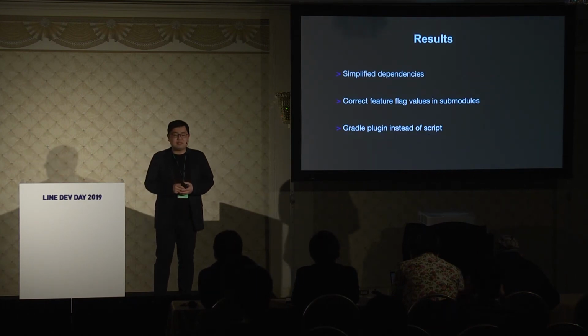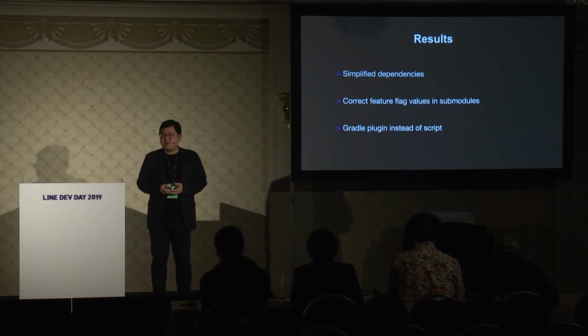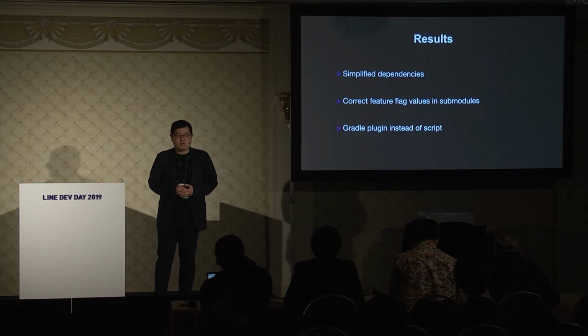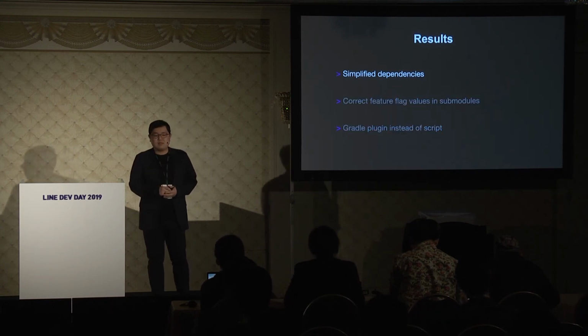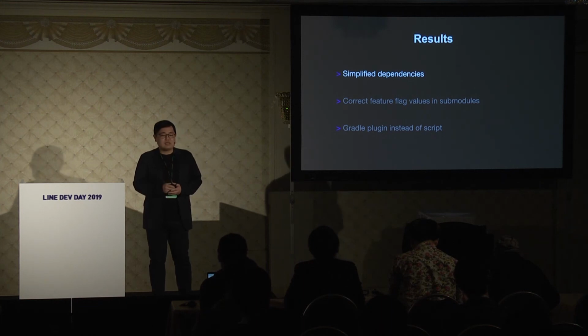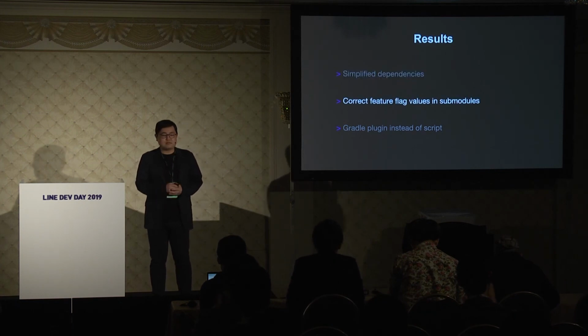So our team is using the feature flag for our development, and I have explained how we have improved the script to generate the flag values. There are three points of improvement. First, we could resolve the improper dependency relationship, with no reverse reference, and a correct dependency relationship is now created.